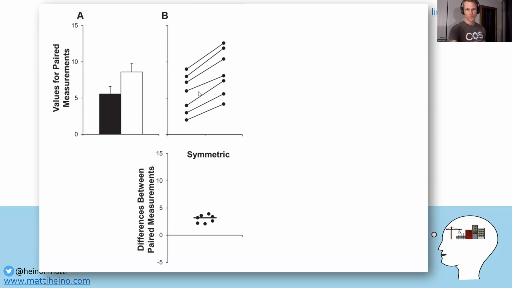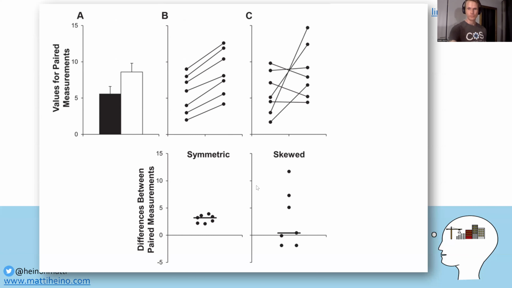So what are the options? It could be a case where everyone improved a little bit. So this is the difference between pre and post measurement. The second option, there are some people who improved a little or decreased, but there are a few people who really got a big boost.